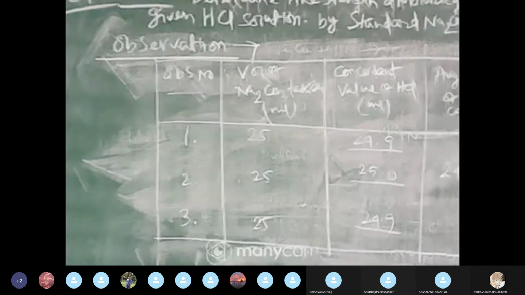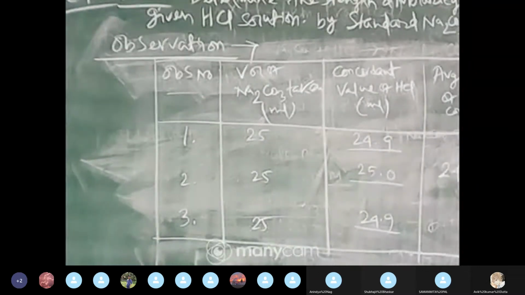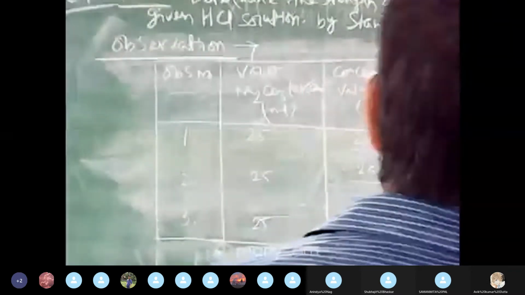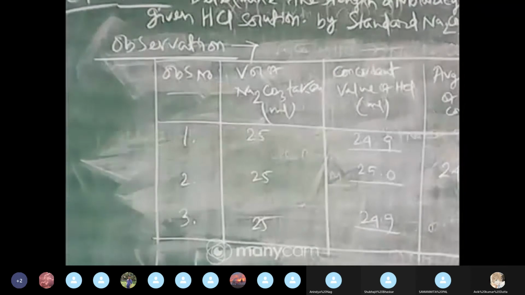Concordant value of HCl in milliliter ml. And the last column is about average volume of HCl consumed. If you have completed this part, then tell me that we can proceed to the calculation.